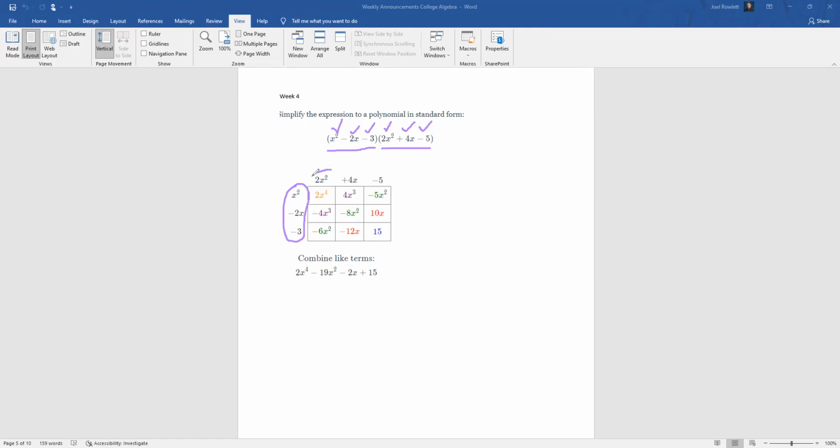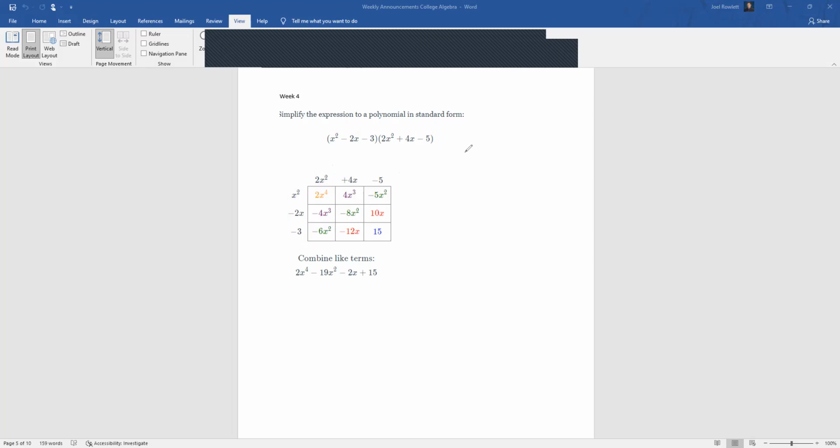And that is going to give us this top row here. And since 3 times 3 is 9, 3 terms times 3 terms, that's going to give us 9. That's why we have 9 boxes. 1, 2, 3, 4, 5, 6, 7, 8, 9. Again, that gives us our 9 boxes.